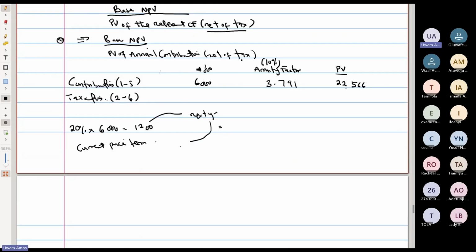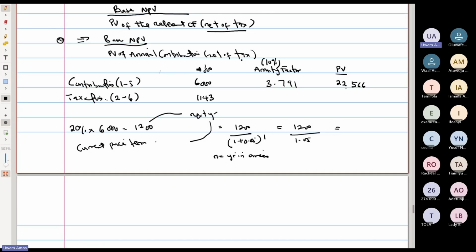So our relevant cash flow is 1,200, divided by 1 plus the inflation rate, 5%, that doesn't change, raised to the power of n. N in this case is the number of years in arrears, which is just 1 year. So divided by 1.05. What do we have? 1,143 as our tax.